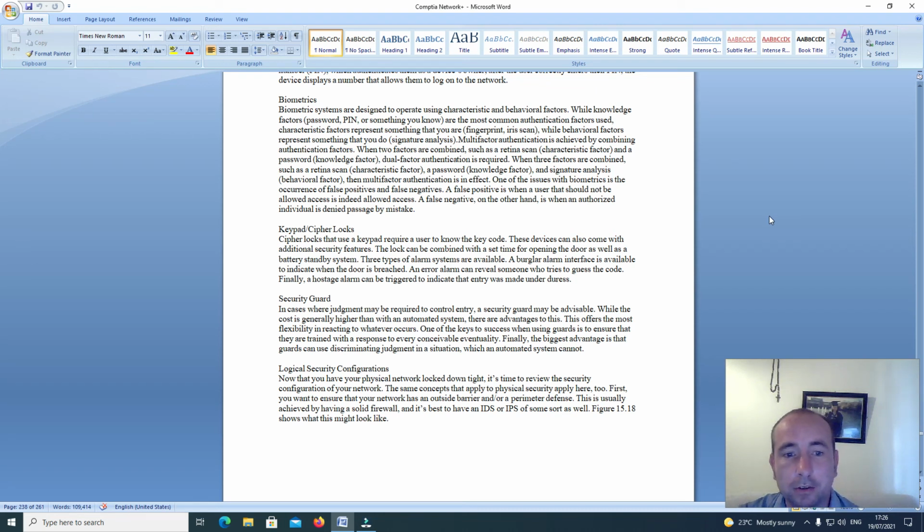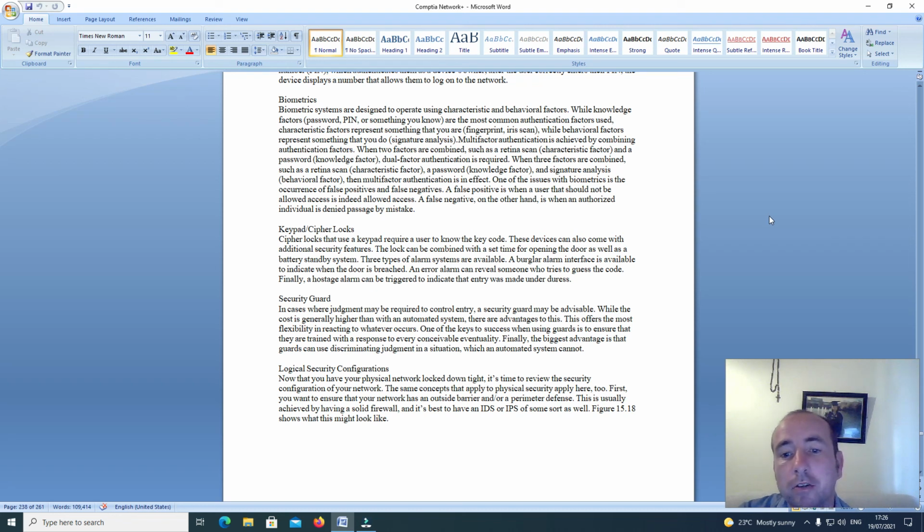Characteristic factors represent something that you are, such as a fingerprint or iris scan, while behavioral factors represent something that you do, such as signature analysis. Multi-factor authentication is achieved by combining authentication factors. When two factors are combined, such as a retina scan, characteristic factor, and a password, knowledge factor, dual factor authentication is required.